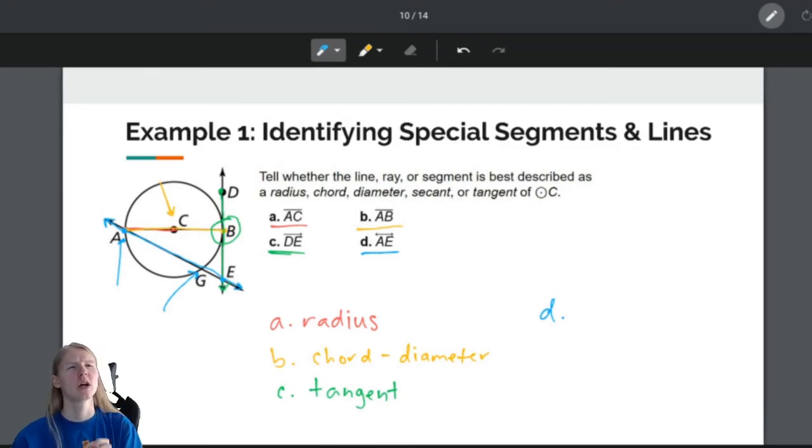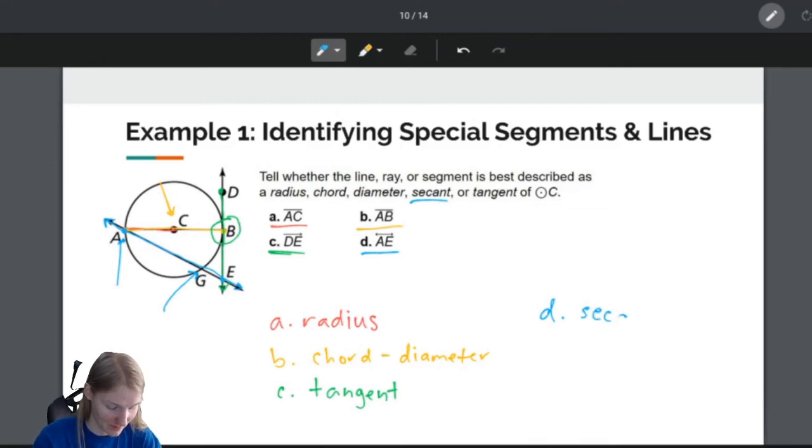No, a chord has two endpoints on the circle. But this isn't a line segment. It doesn't have endpoints. This is a line that goes through the circle and intersects it at two places. So that is what we call a secant. So line AE is a secant line.